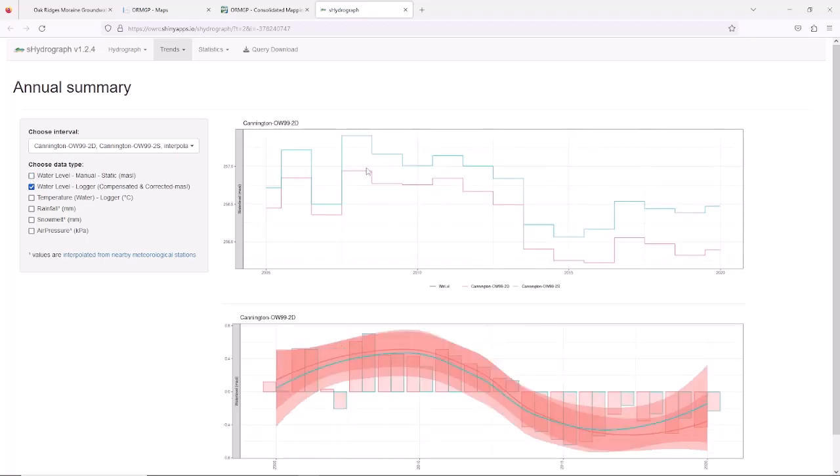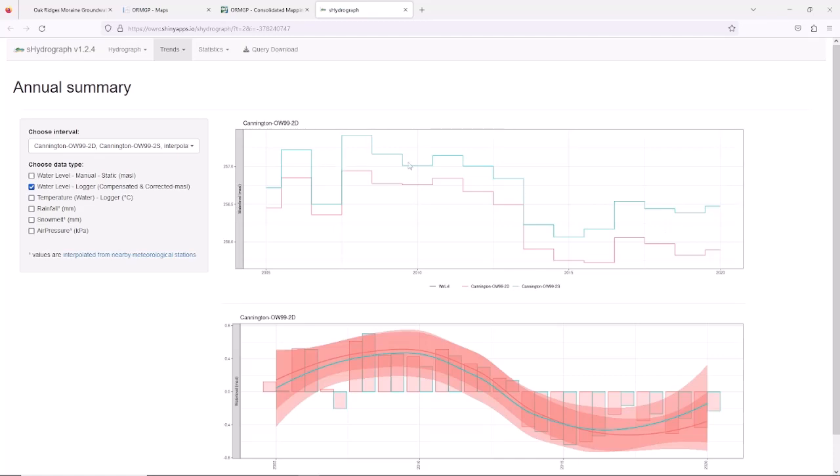And so up on top, we're looking at annual average water levels for the shallow location in blue and the deep location in red. You can see they follow a similar trend with a slight downward gradient, with higher water level at the shallow elevation. You can also see that around 2013 to 2014, there's a pretty big drop in water levels, and the water levels stay lower.